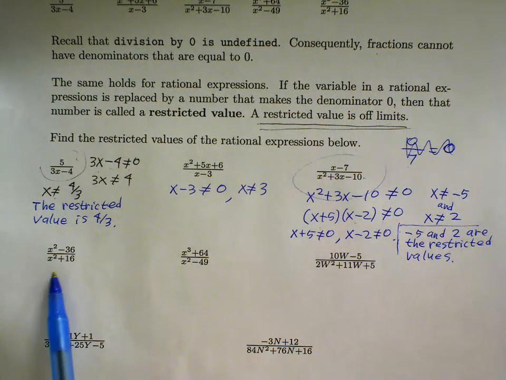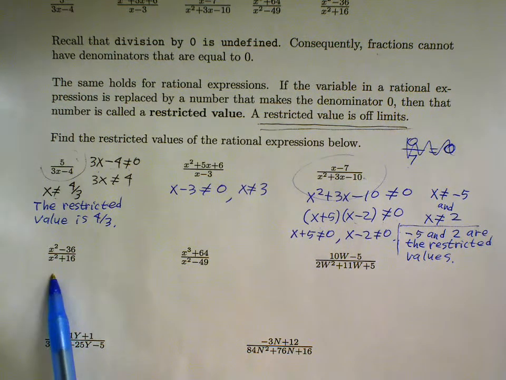Okay, what did you come up with for the restricted values of x squared minus 36 over x squared plus 16? x cannot be -4.